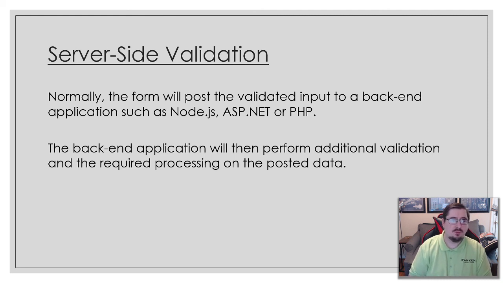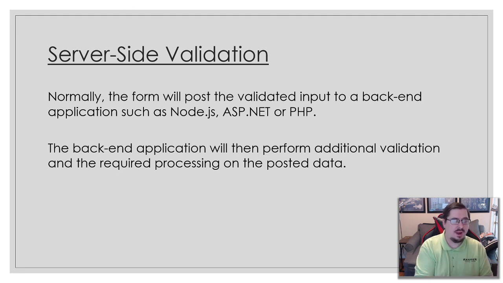On the other side, we always do server validation. So even if there's been validation done on the front end to make sure the fields are correct, we still need to validate it again on the server side, on the back end, for security reasons. Typically, the client-side validation will happen first.